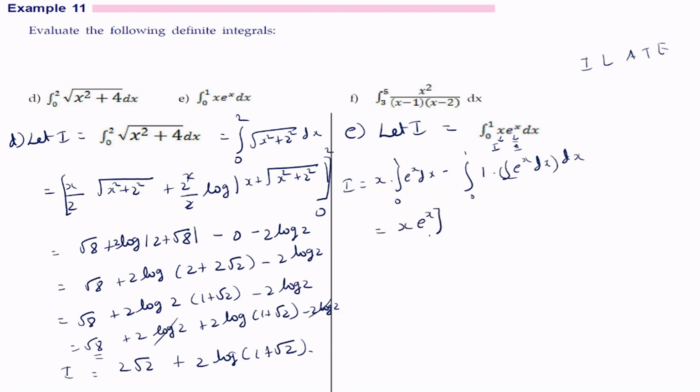So this is x e raised to x with the limit 0 to 1, minus integral e raised to x, which is e raised to x with the limit 0 to 1. So this is 1 into e raised to 1 minus 0, minus e raised to 1 plus 1. So e minus e will go. The value of this is equal to 1. So the value of integral 0 to 1 x into e raised to x dx is equal to 1.